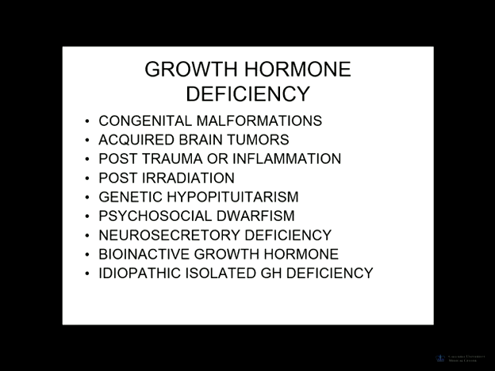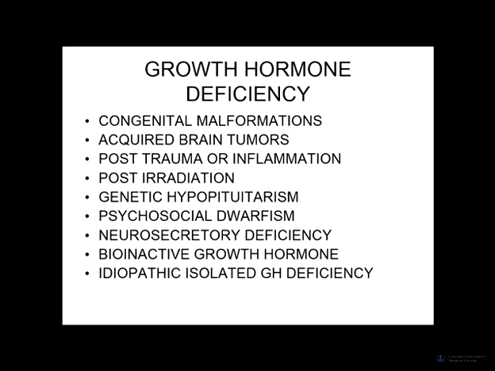There are neurosecretory deficiencies of growth hormone, not really well understood, where if you give pharmacologic stimuli, the child will pass a growth hormone stimulation test, but for some reason, on their own, they don't have the same frequency or amplitude of growth hormone pulses that normal children have.